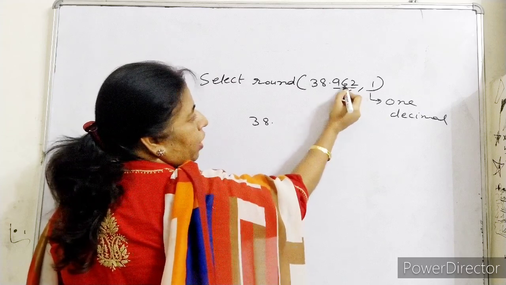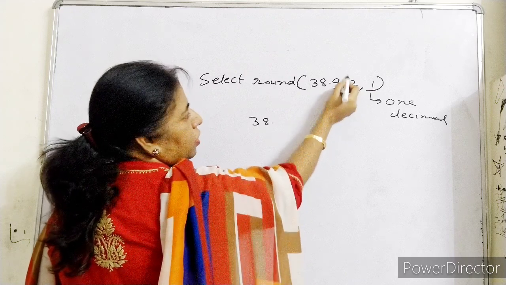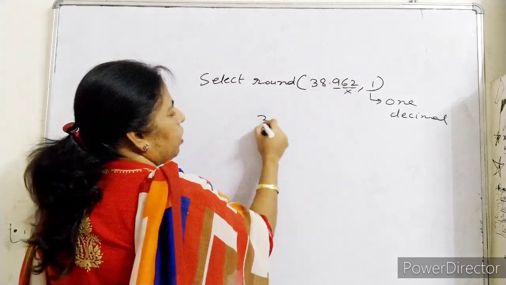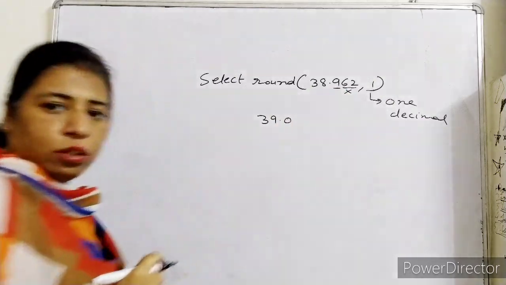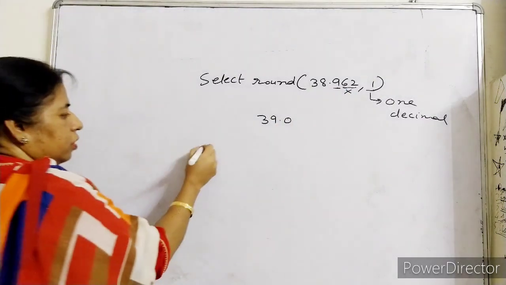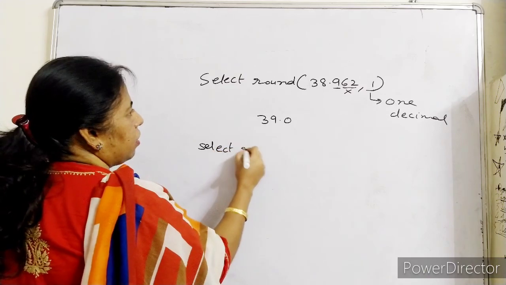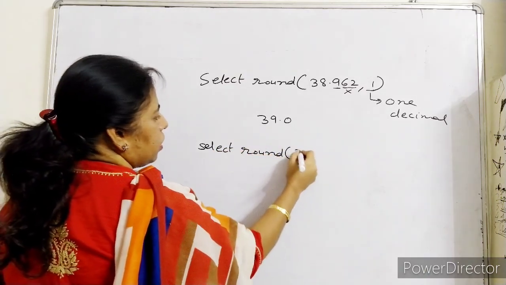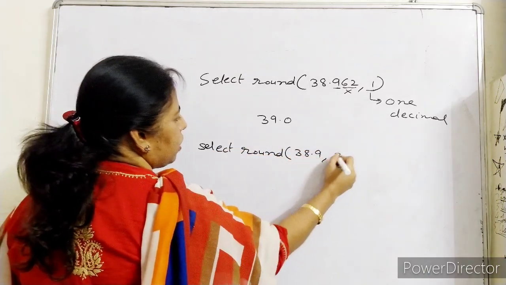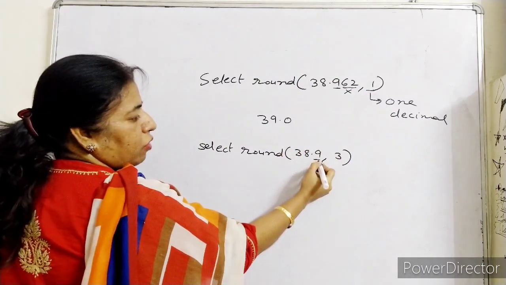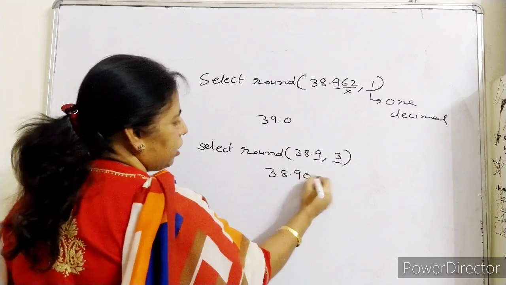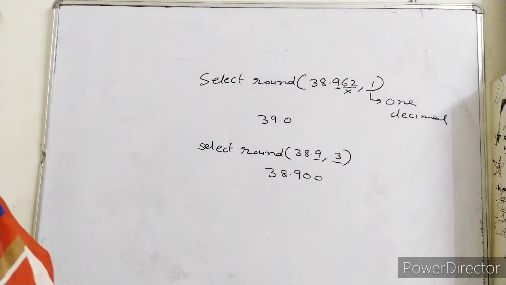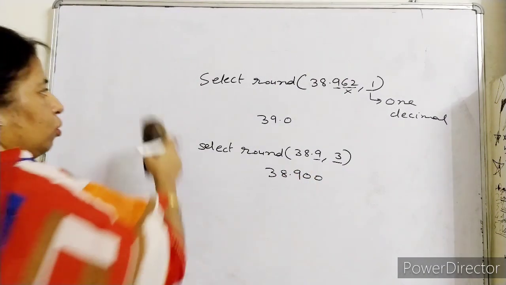This part I want to remove, and this number is greater than 5. It means round off to the next. So you will get after rounding 39.0. Clear? One more example. Select round(38.9, 3). Here I have only one decimal. I want to round off to 3 decimals. It means I will get 38.900. Two more decimal places are created with 0.